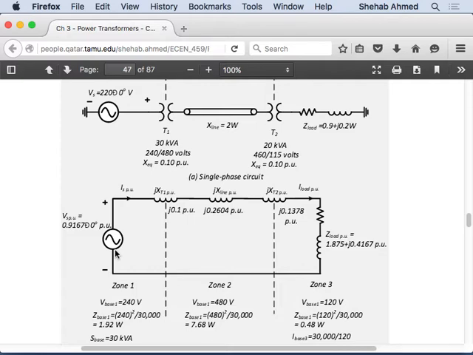Actual over base. Actual is 220, base is 240, so it's going to be 0.9 something, but the angle doesn't change. Still 0 degrees. So I have a voltage source of 0.9 angle 0. I have all my impedances. Now it's a very simple circuit. Just voltage divided by the impedances is equal to the current.